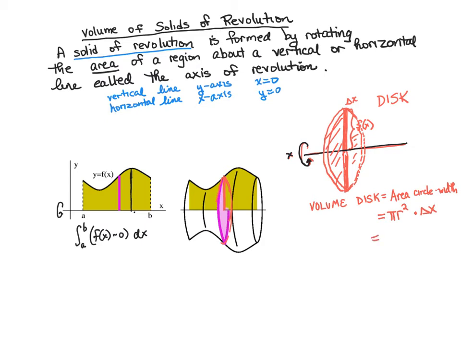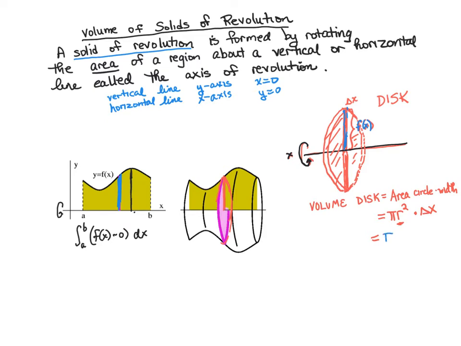But now the key is to represent the radius. The radius of our disk is this original rectangle here, which I'm going to shade in blue. And the height of that rectangle is the radius of our disk.